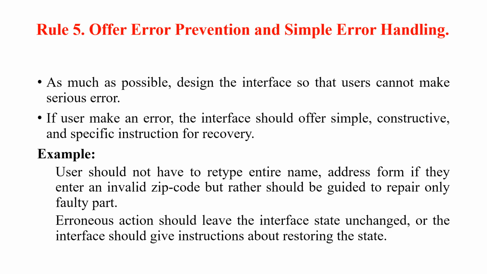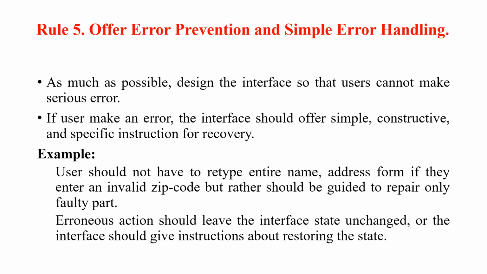So if by mistake the user enters an invalid or wrong zip code, which is at the middle level, at that level the user should get the offer to repair that fault.